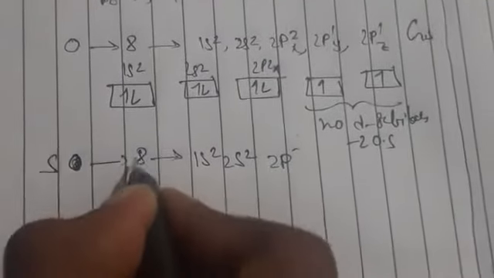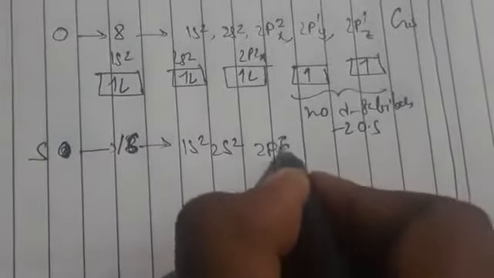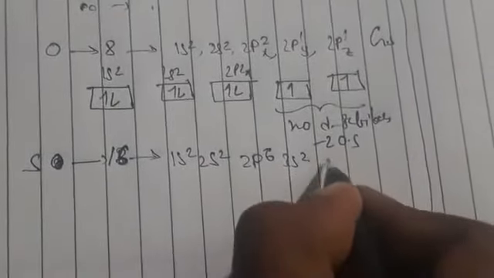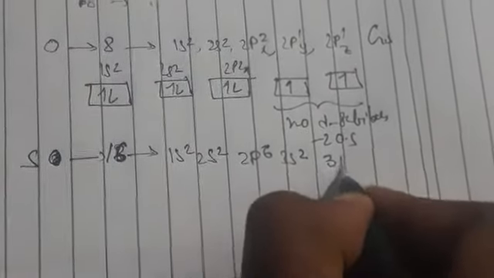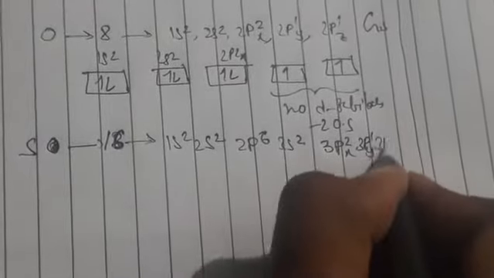If you take sulfur, its atomic number is 16: 1s2, 2s2, 2p6, 3s2, 3p2x, 3p1y, 3p1z. So this is also in the ground state.